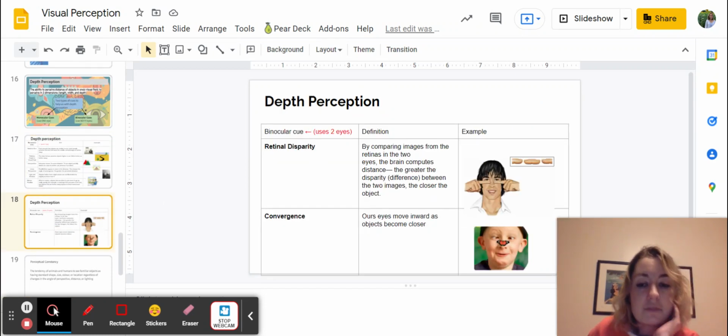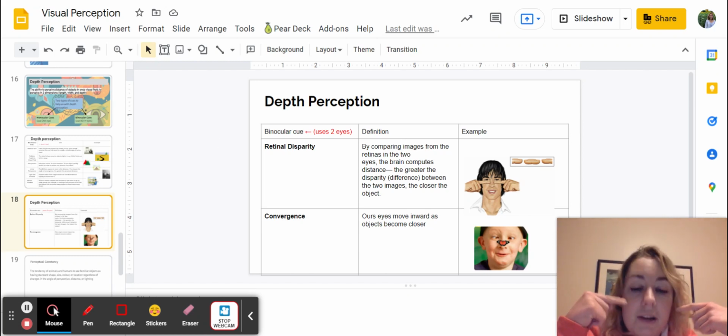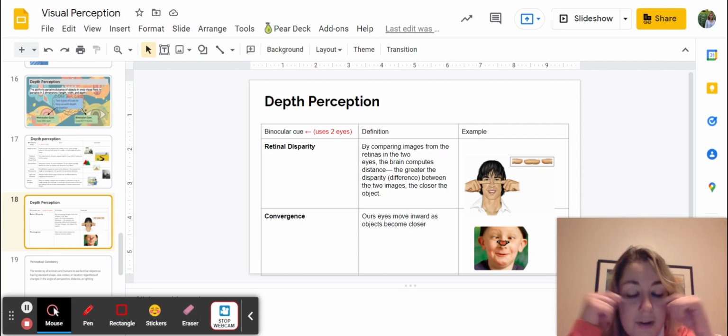Okay, last two of these. We have the binocular ones. The ones I just talked about were monocular; they only use one eye. These depth perception cues are binocular cues that use both eyes. One is called retinal disparity. By comparing images from the retinas in both of our eyes, the brain computes how far apart two things are.